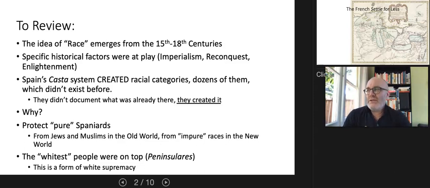So as I mentioned, if I have a younger brother that is born in Bogota, Colombia, and I'm born in Sevilla, I'm Peninsulare. The younger brother is not. The younger brother is Criollo. So it's not just the whiteness, but the geography of your birth that has a role in this. And this is a form of white supremacy. It's not the only one. As we'll see, France and England develop very different forms. Okay, so France.